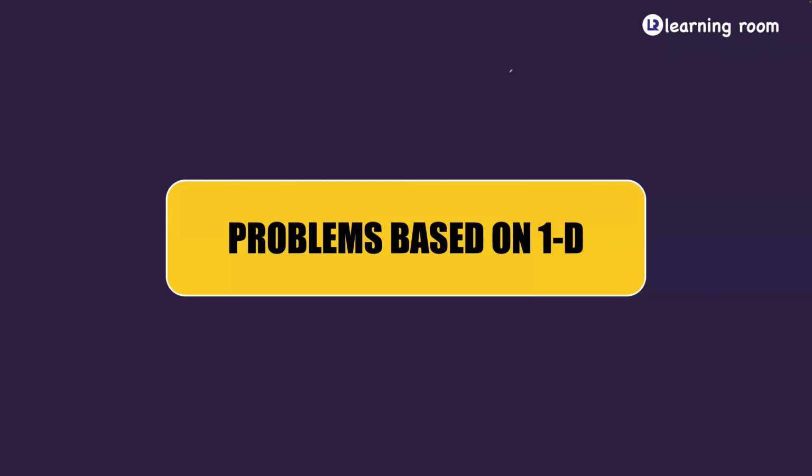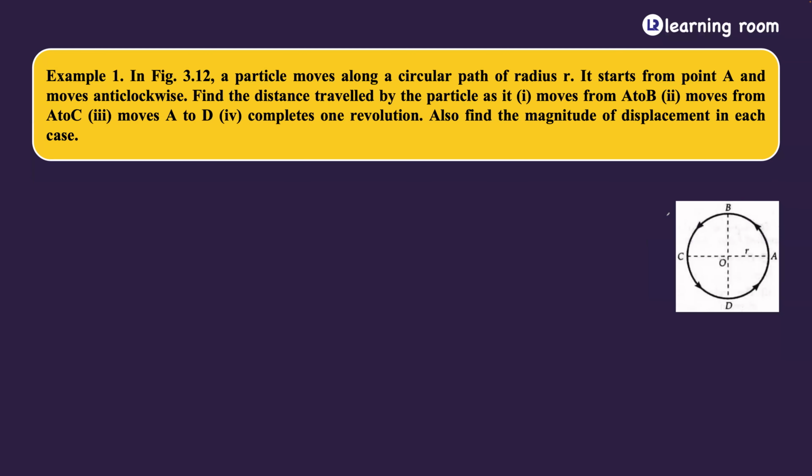So let's look at the problems based on one-dimensional motion. The first question here is, in figure 3.12, there is a particle which moves along a circular path of radius r. It starts from point A and moves in the anti-clockwise direction.